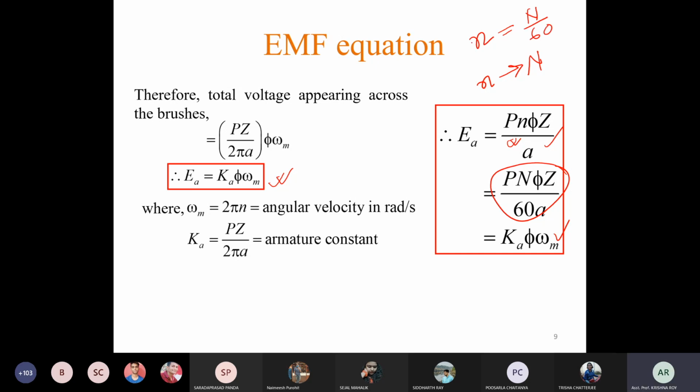This is RPS, this is RPM. So if we divide RPM by 60, we get RPS. So here small n can be replaced by capital N by 60, and then we get this expression. All these three expressions are very important because they will be required for solving numerical problems. Any one of these three can be useful for solving any particular problem.